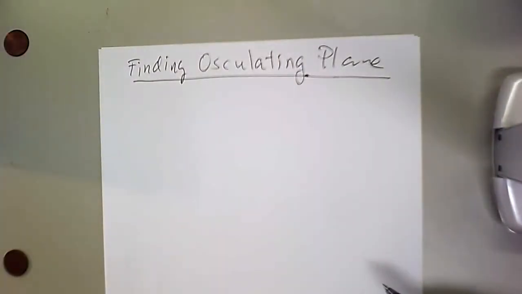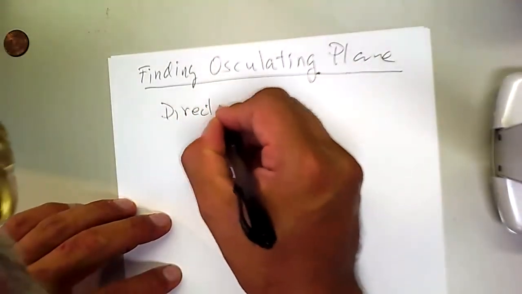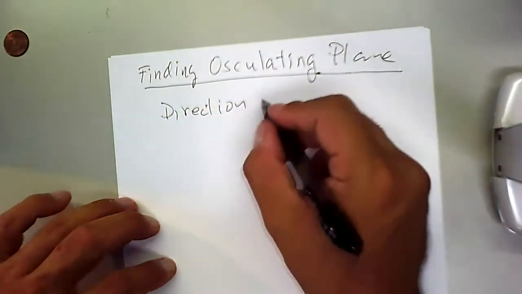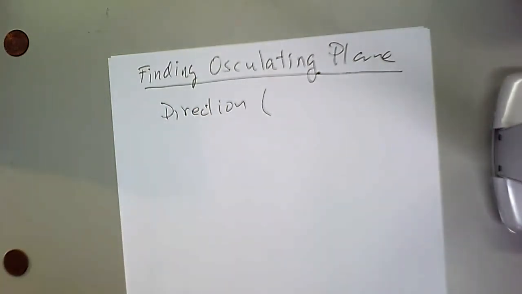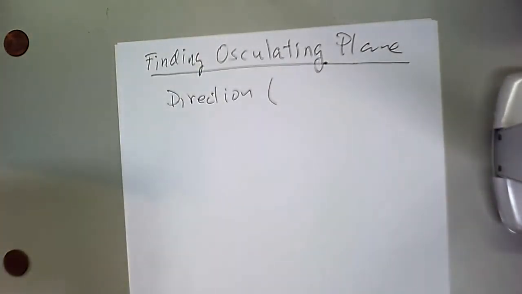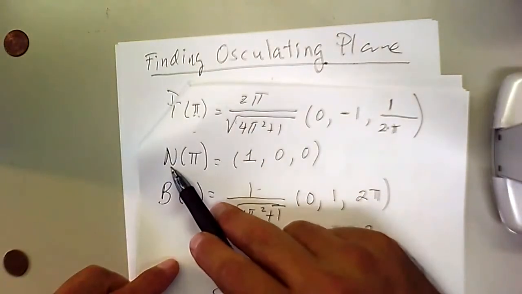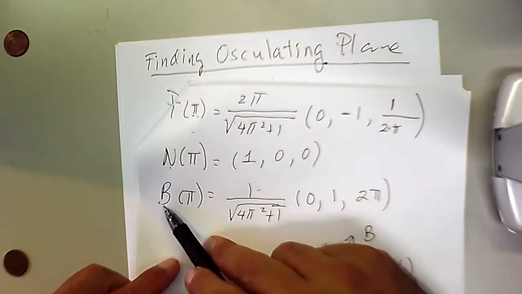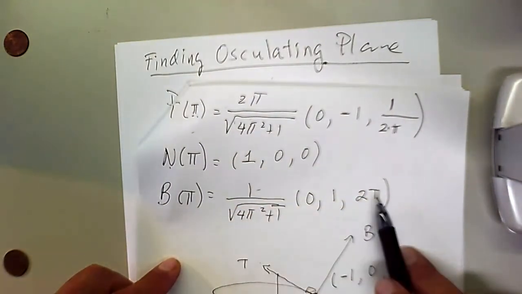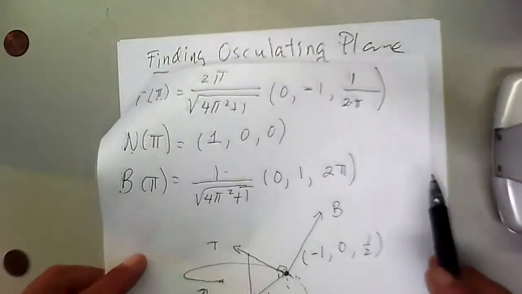So again, we need a direction, which is the direction of the binormal vector. We're going to piggyback on the previous example. There it is. Couple pages over. So we have the tangent unit vector, normal unit vector, binormal unit vector. So we're going to use this direction. Now, mind, we need a direction.